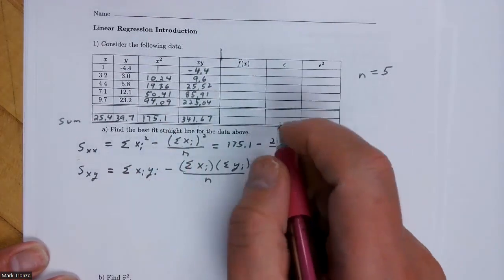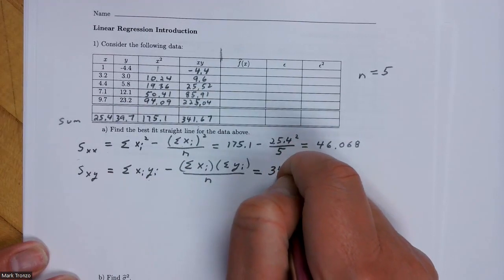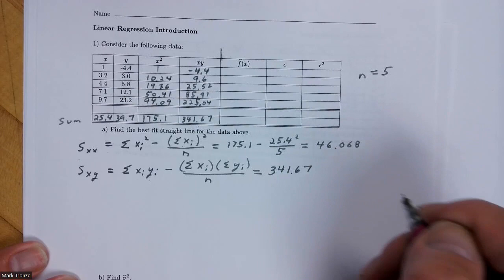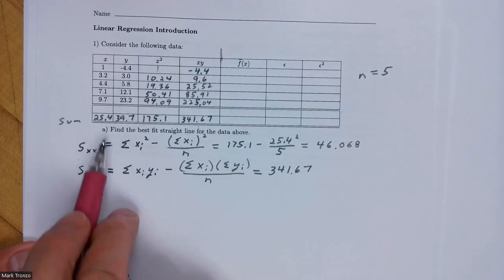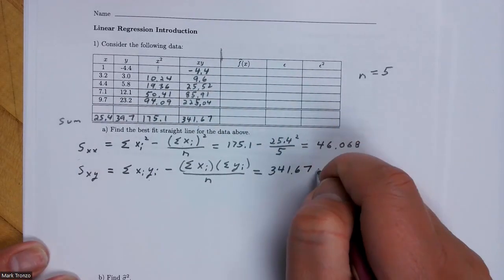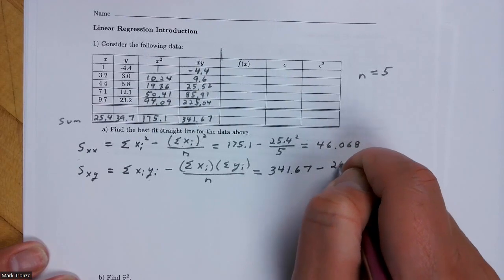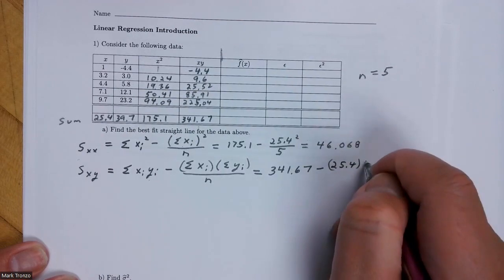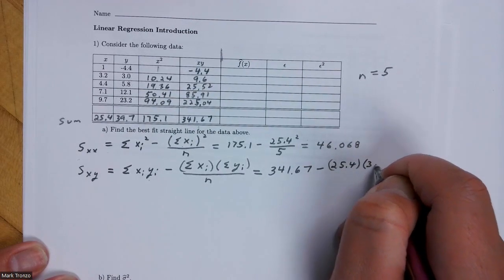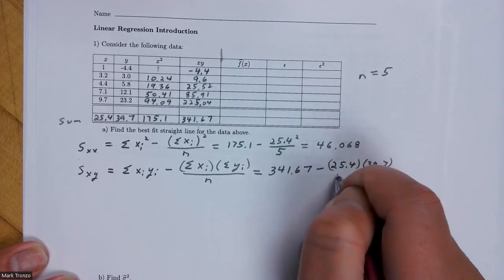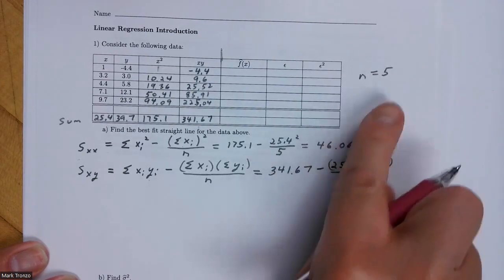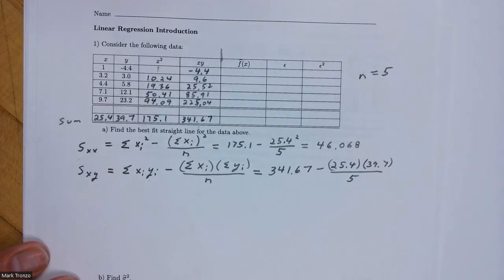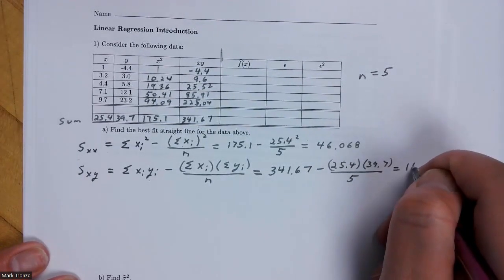That's going to be our 341.67 minus the sum of the xi's times the sum of the yi's. And once again, n is 5. And when I calculated that, I got 140.